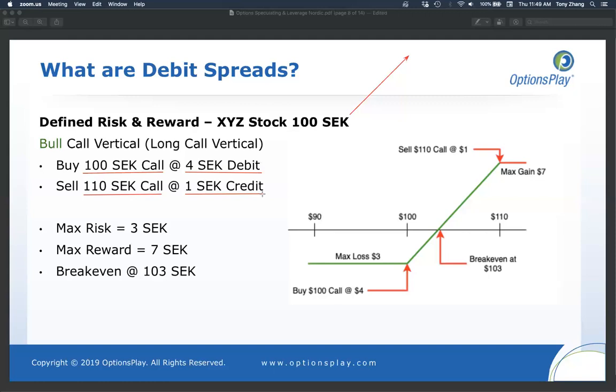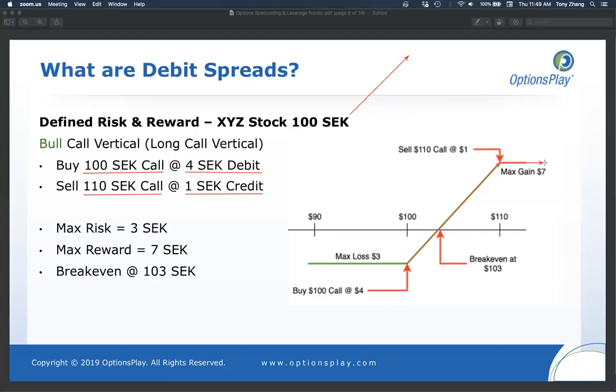And what happens is I'm basically buying upside above 100 crowns, but I'm going to sell anything above 110 off and basically cap my gains at 110. Because in reality, I don't believe that this stock is going to go all the way to 200 or even 120. Why should I pay for all that upside?